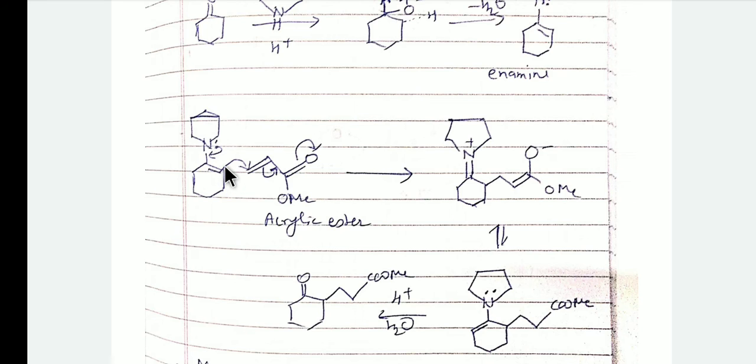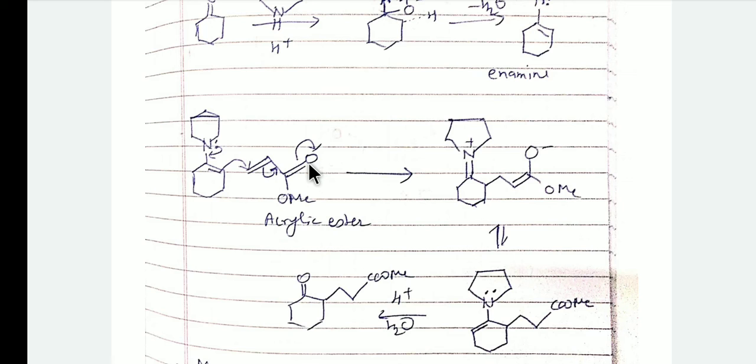This negatively charged carbon atom reacts with this positively charged carbon atom due to the displacement of the pi electrons, and so a double bond is formed between this carbon and this carbon atom, and the pi electrons are delocalized from this carbon to this oxygen atom due to the higher electronegativity of this oxygen atom.